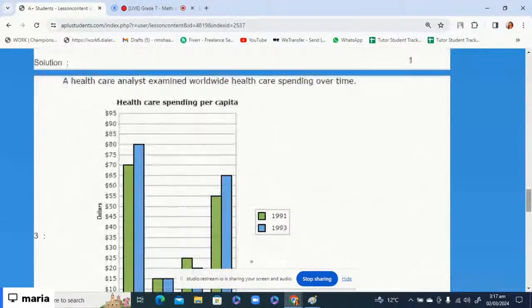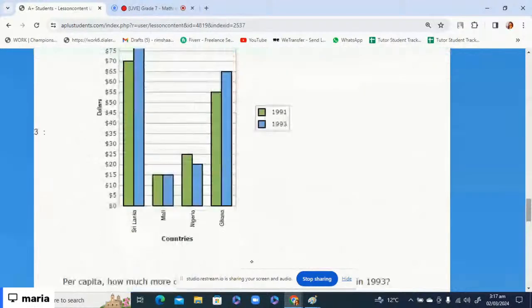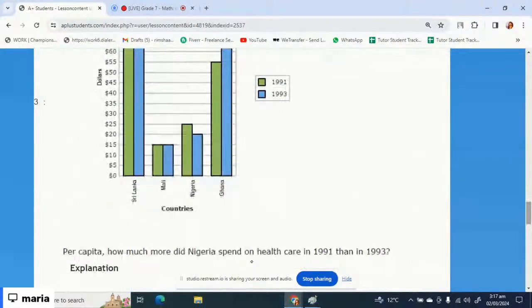Okay. Now look at here, the third one. A healthcare analyst examined worldwide healthcare spending over time. So this is basically the graph which is given. Countries are given, such as Sri Lanka, then Miami, then Nigeria, okay, all of them.